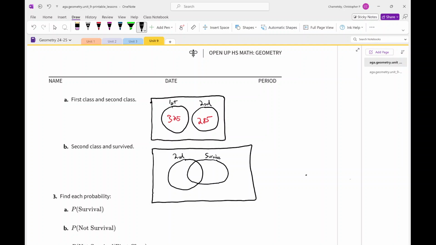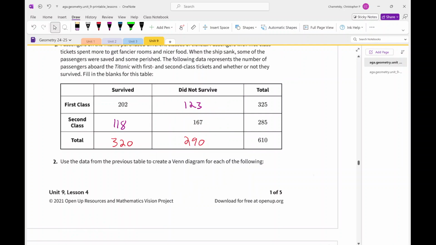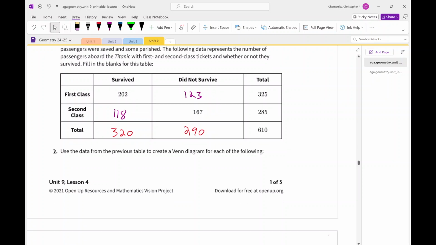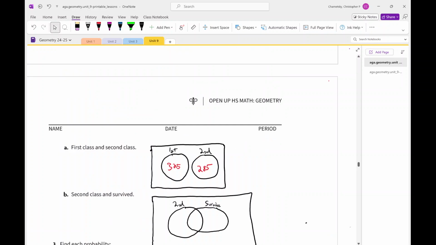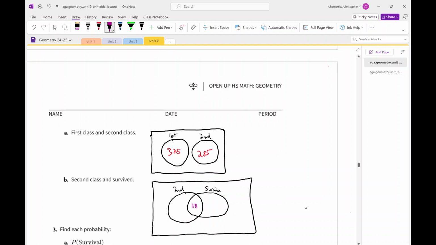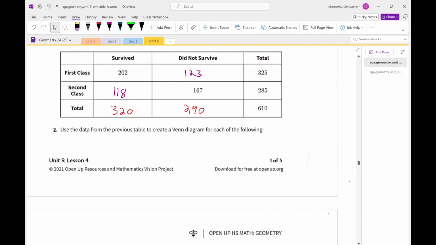Those are the second class passengers who survived. So if we go to second class and survived, we see that there was 118. Okay. If we're not in second class but we survived, that means you're in first class and survived. And that's 202.